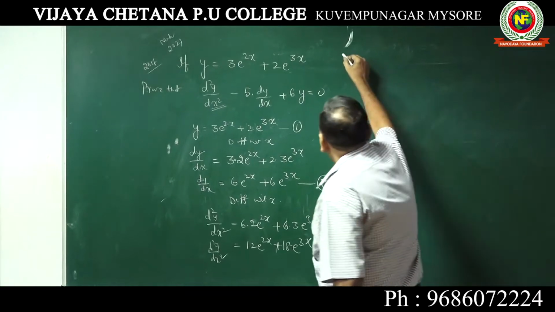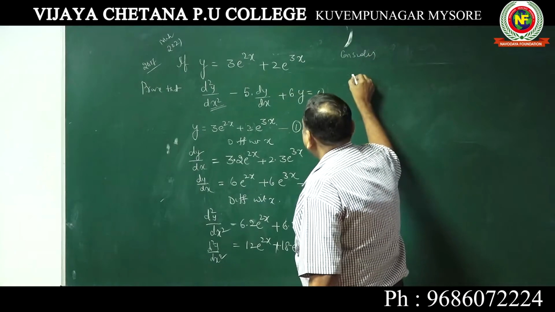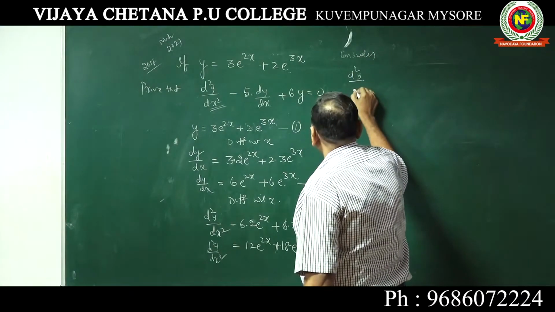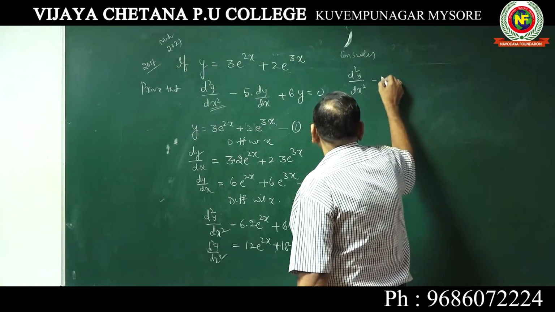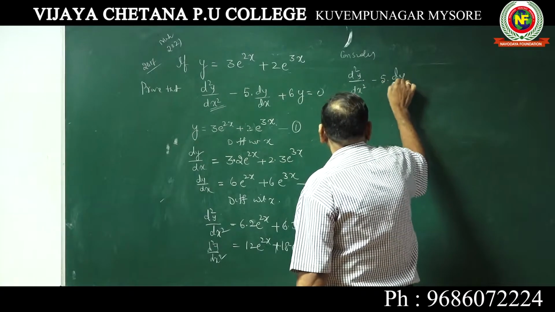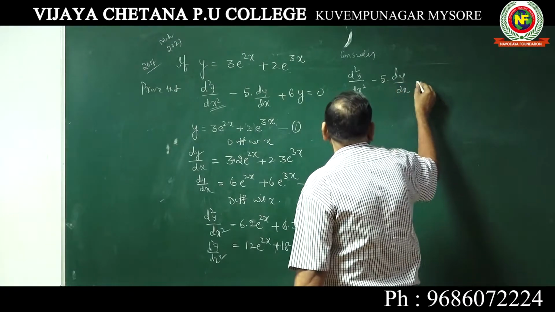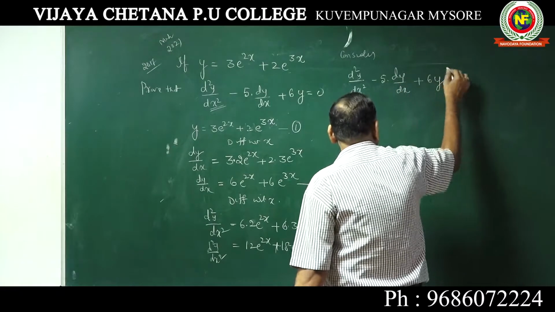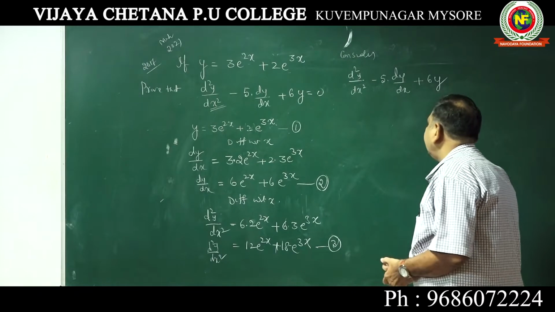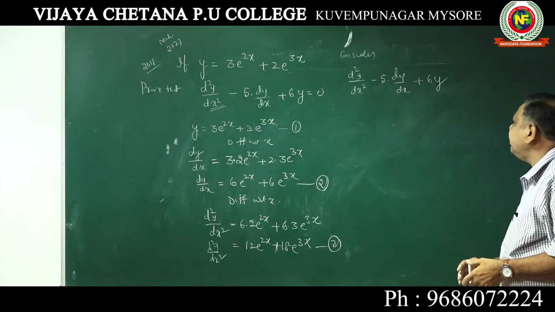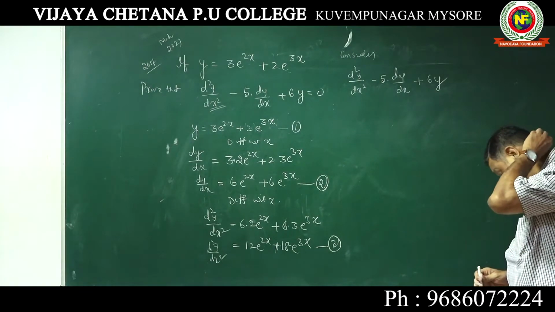Now you take this one, the LHS: d square y over dx square minus 5 dy by dx plus 6y.